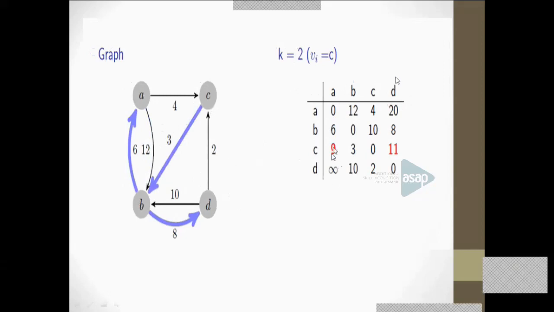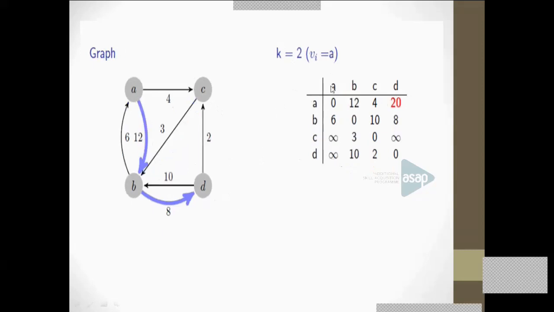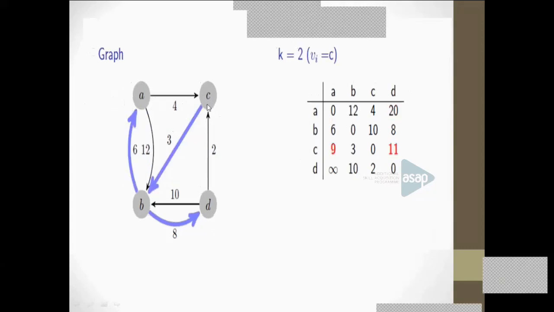One more update, C to A and C to D. C to A, what was the previous value? C to A infinity and C to D infinity, because there were no direct edges. Now you can see C to A via B, there is a path, where K equal to 2 is actually B. C to B, C to A via B, 3 plus 6, 9.